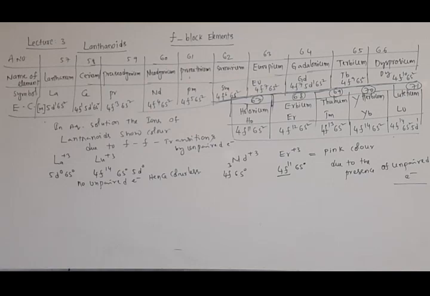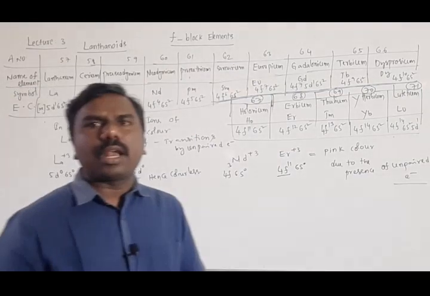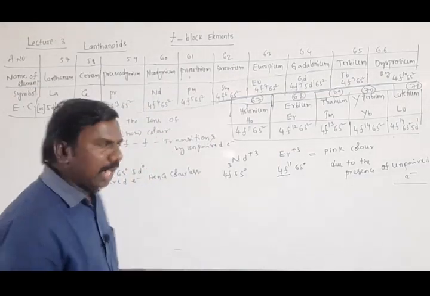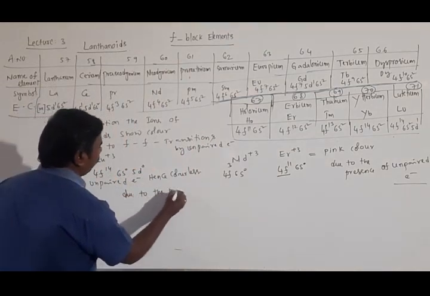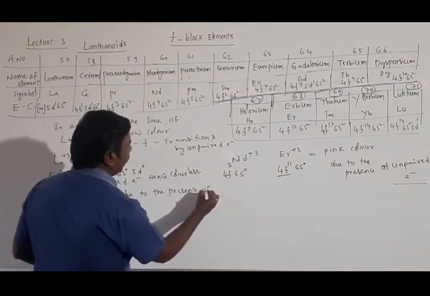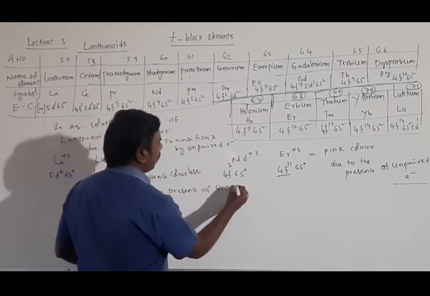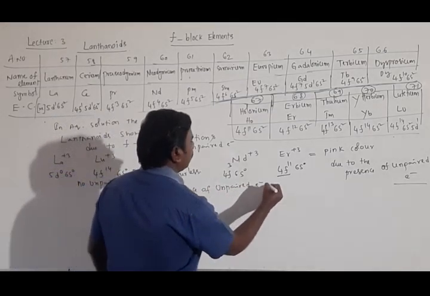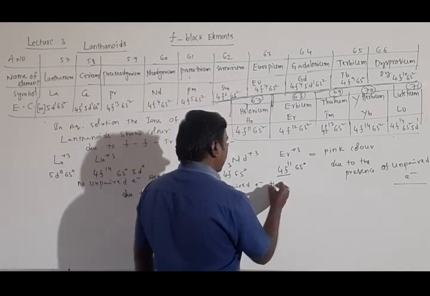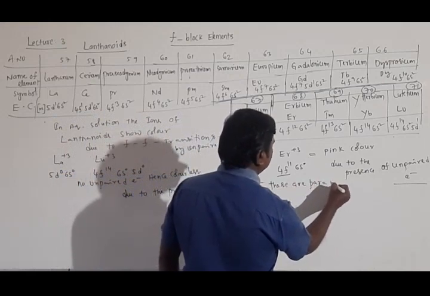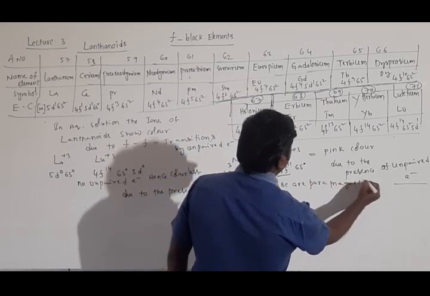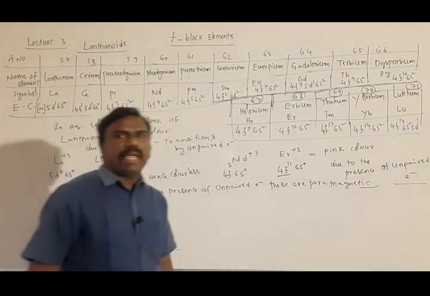Actually these will show paramagnetic character due to the presence of unpaired electrons. So these are paramagnetic. It means they can show paramagnetic nature, magnetism.